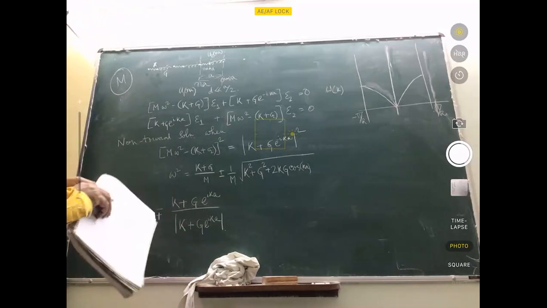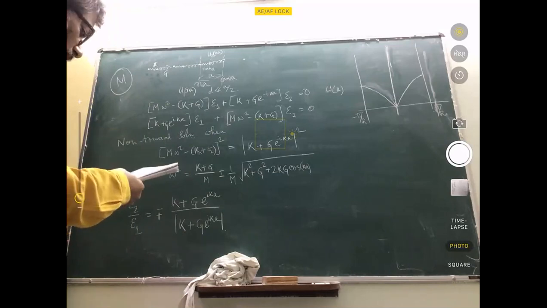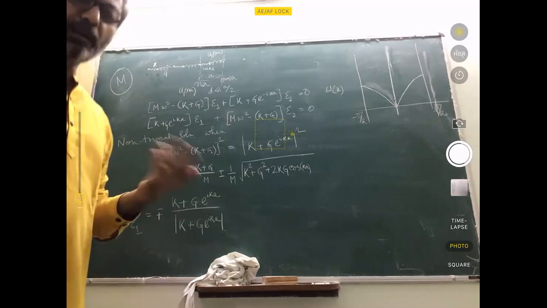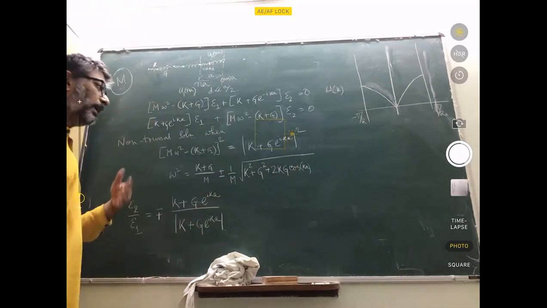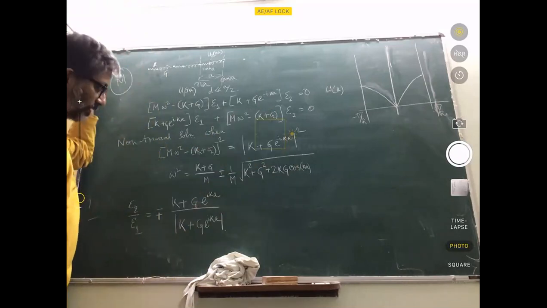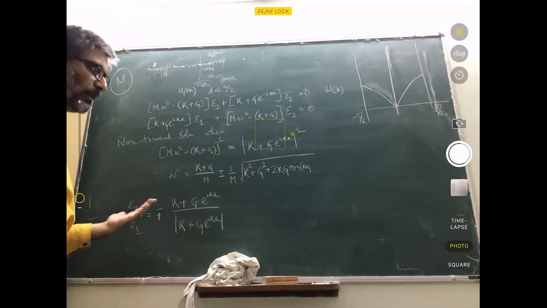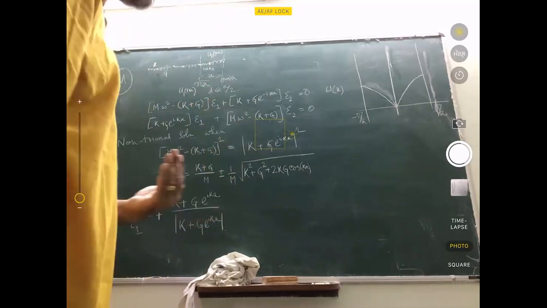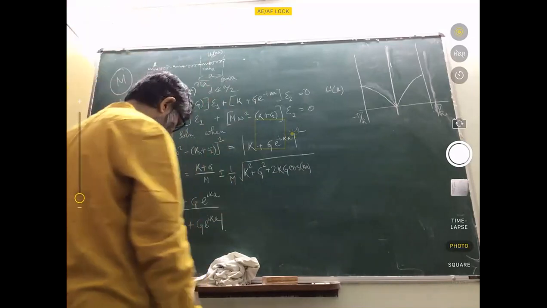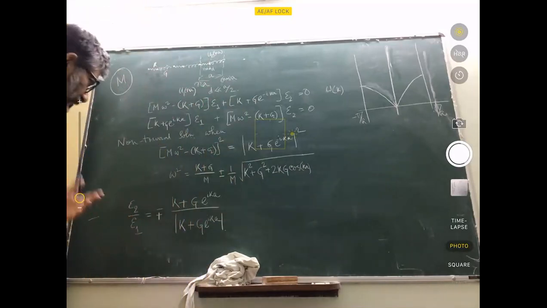Okay. So again, as before, we can argue that we apply periodic boundary conditions. With that, you will get the same set of values of k, and I can choose those values of k to be lying between minus pi by a and pi by a. That is, confined to the first zone also.